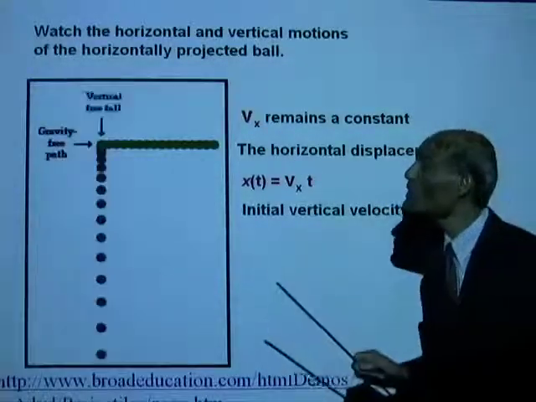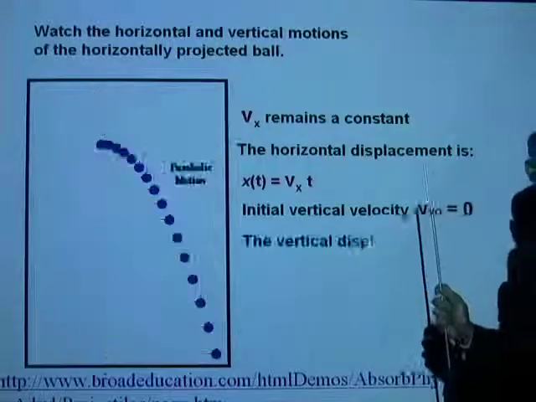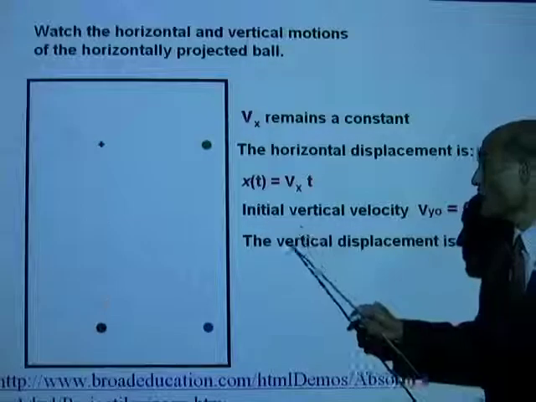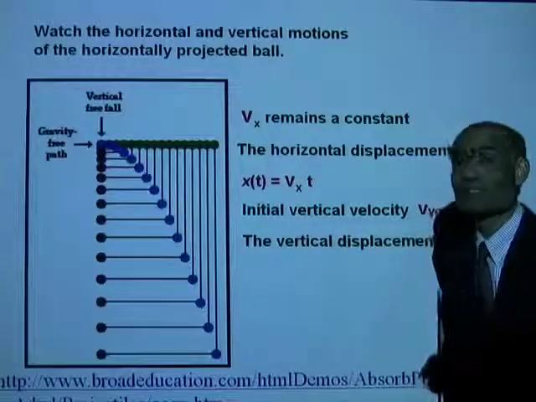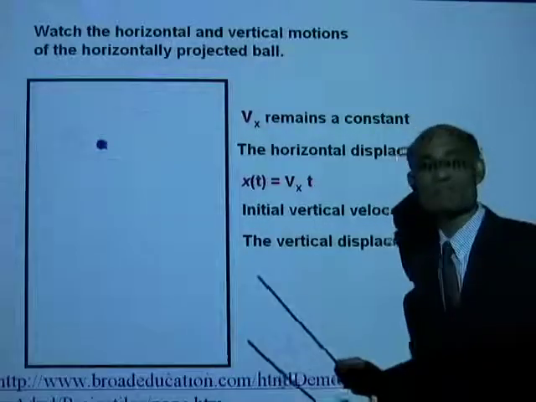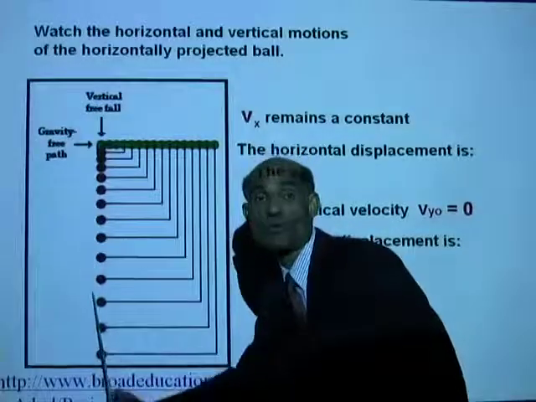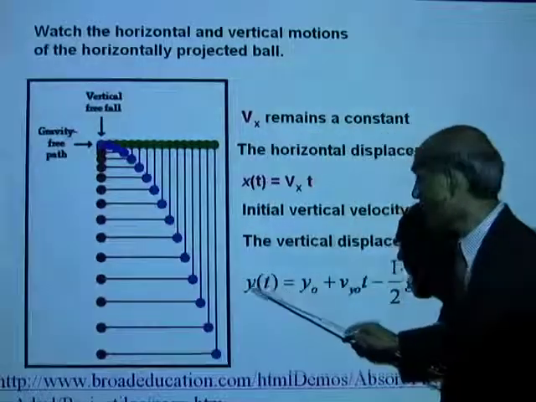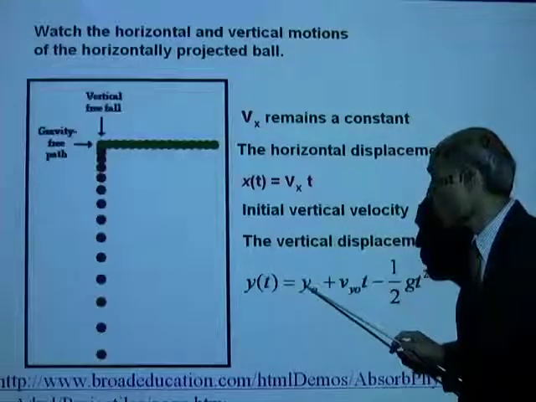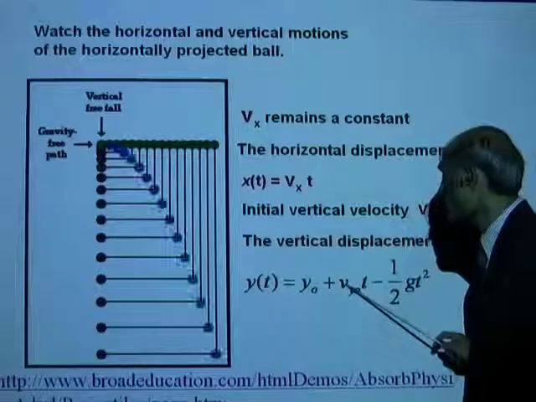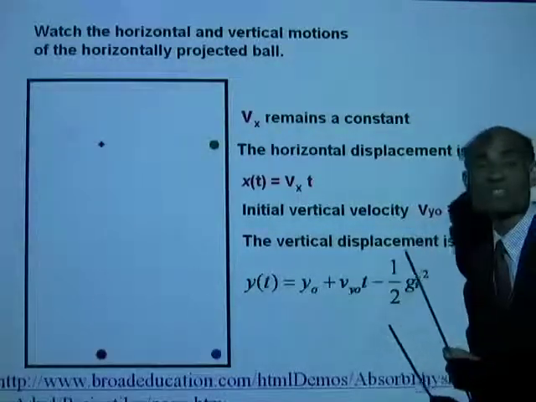And how about the vertical motion? The initial vertical velocity is 0. We talked about this. And so, what is the equation for the vertical displacement? Can you write the equation for the vertical displacement? You can see it is projected from a height y0. And so, y of t, the position at any given time t, is y0 plus vy0 t minus 1/2 gt squared.